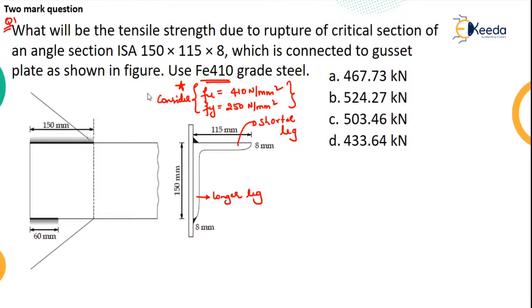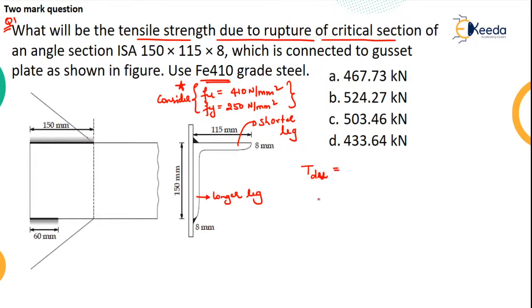Then what is he asking you to calculate? The tensile strength due to rupture of the critical section. So he's asking you to calculate the Tdn. Okay, so the tensile strength due to the rupture of the critical section. So you have a standard formula.